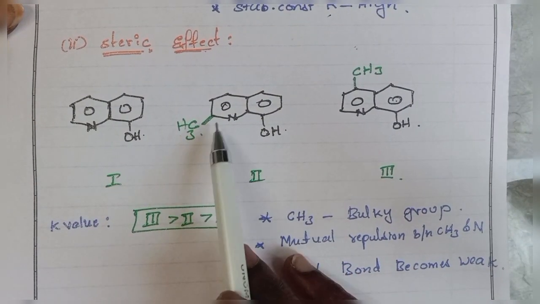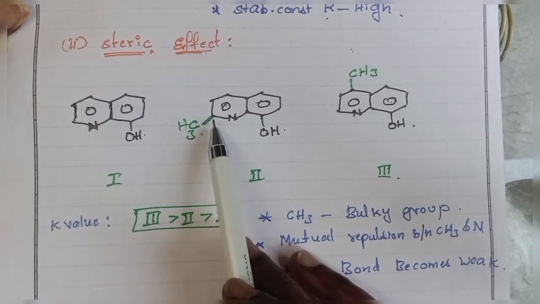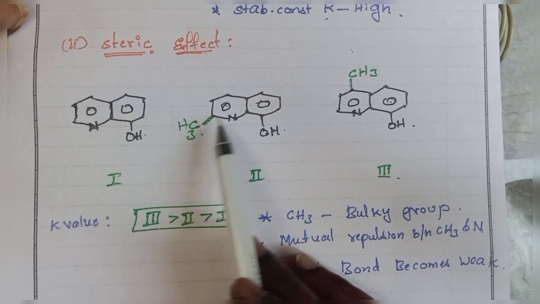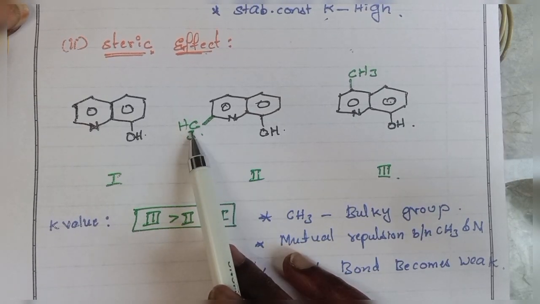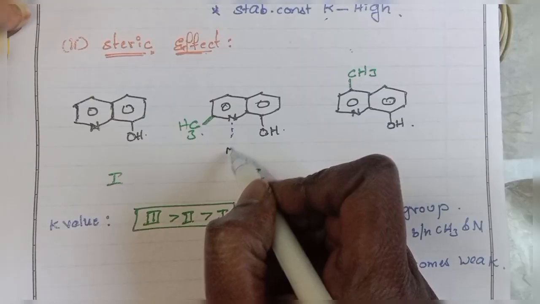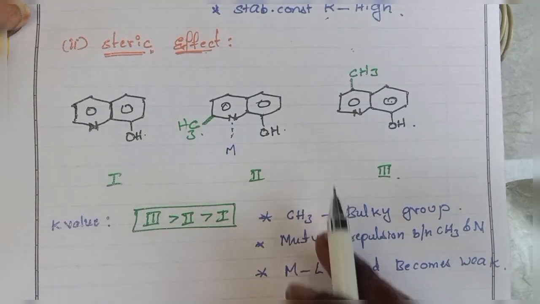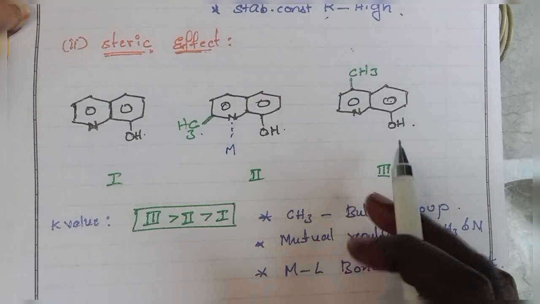When it coordinates near to the donor atom, what will happen? The steric hindrance between the donor atom and the substituent will take place. So when it coordinates with the metal ion, the bond will be weakened. Therefore, the stability constant will be less.